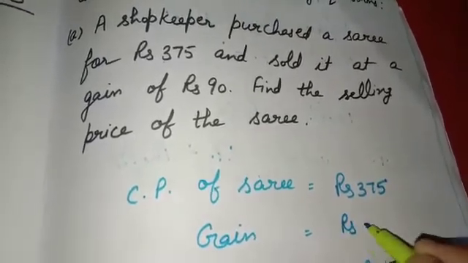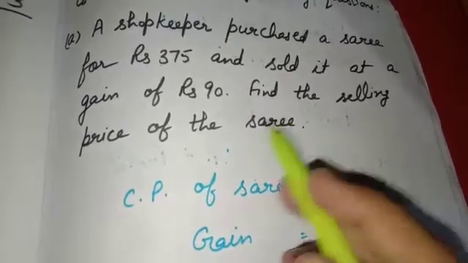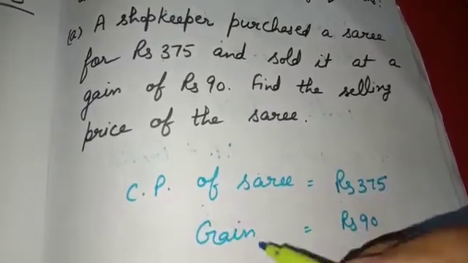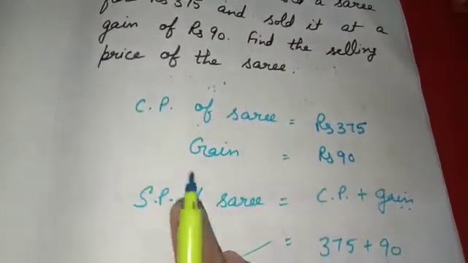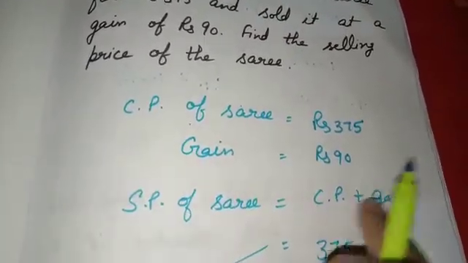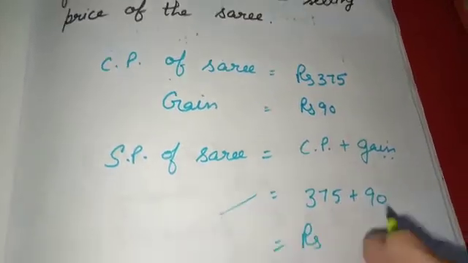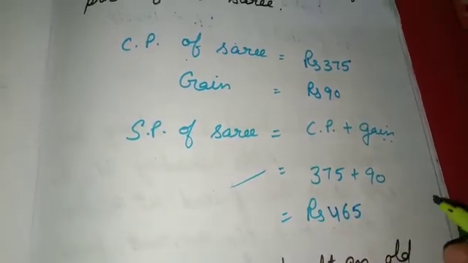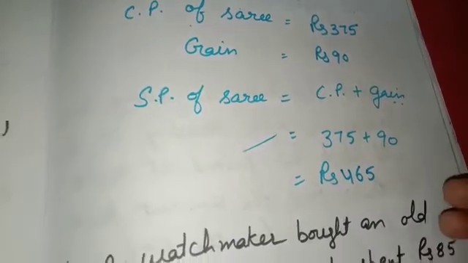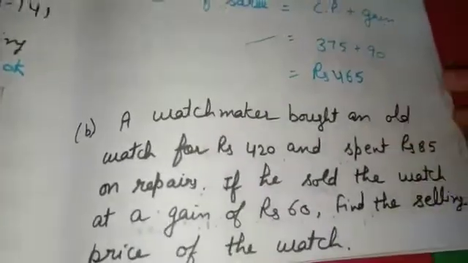Gain means profit is given. Find the selling price. When cost price with profit is given, what is the formula to find selling price? Yes, selling price of sari equals CP plus gain. When we add these two things, we will get the answer 465. Okay, come to next.